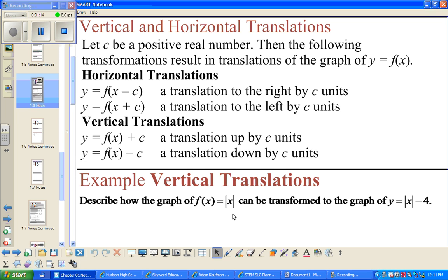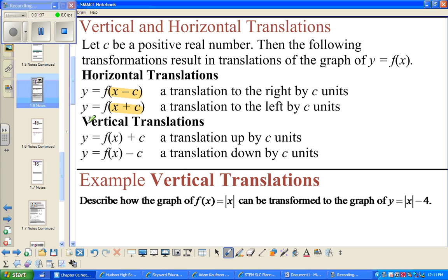What you should note is that with horizontal translations, any x value that you have in your function will have a number added or subtracted from it to move the function to the left or right.